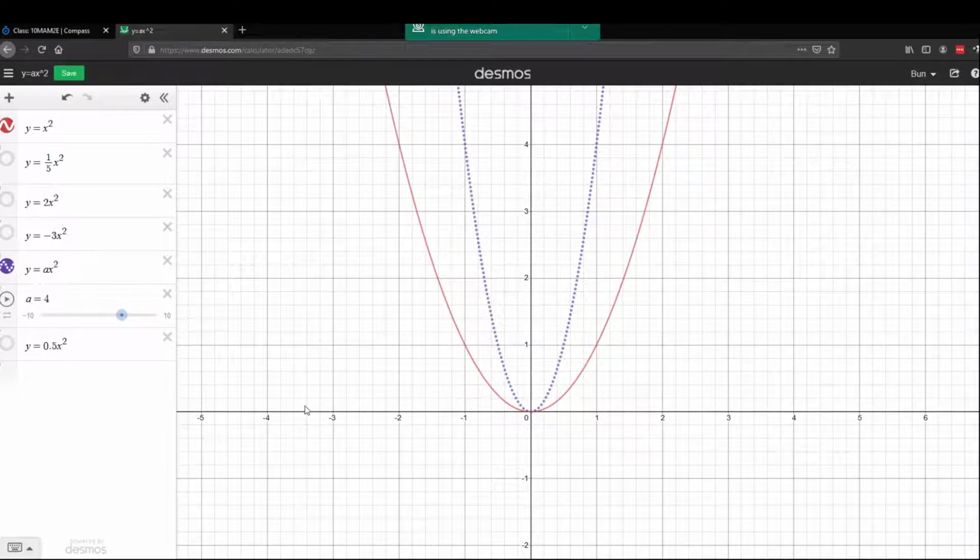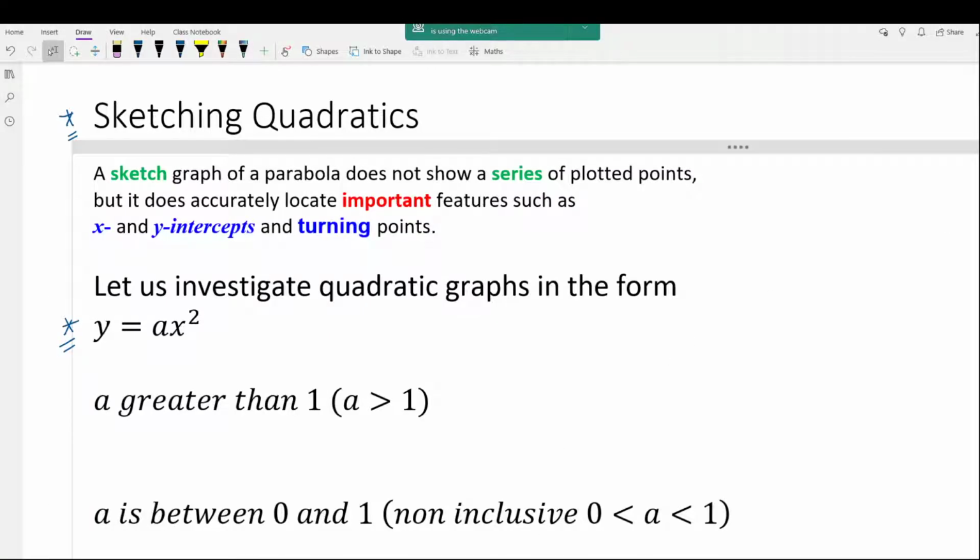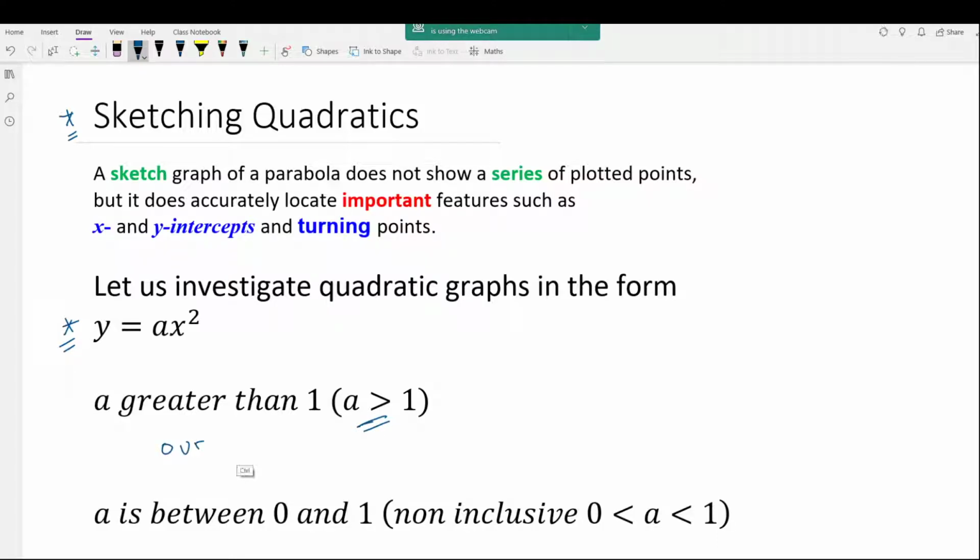So let's come back to our notes over here. I'm going to write down here: when a is greater than 1, the graph becomes more narrow.